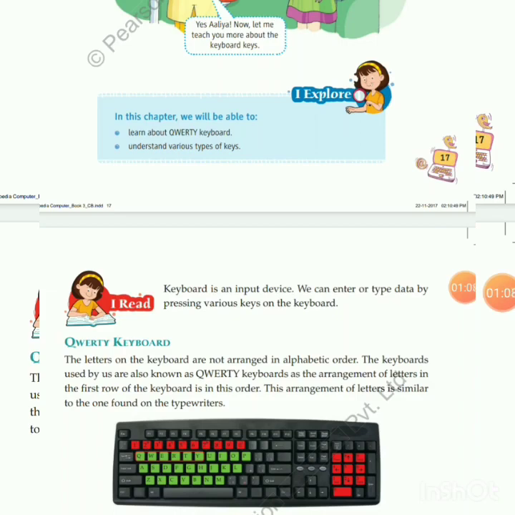QWERTY keyboard. Do you know what is a QWERTY keyboard? QWERTY keyboard is a keyboard designed for Latin script alphabets. The name comes from the order of the first 6 keys on the top left letter row of the keyboard.